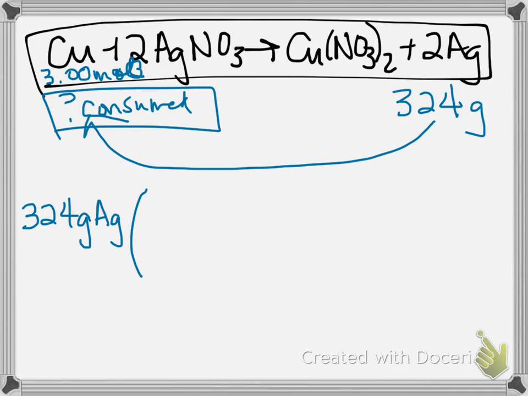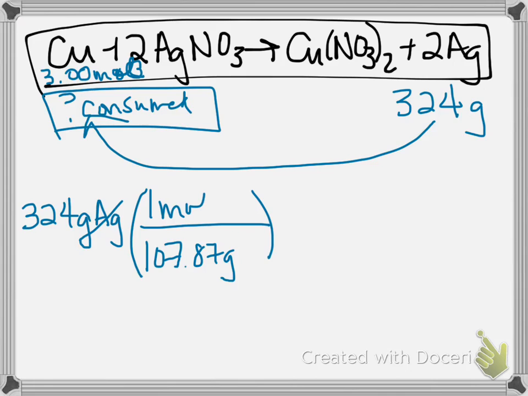We can convert that back. So remember the molar mass of silver, there's 107.87 grams of silver for every 1 mole of silver. So I'm going to convert my grams of silver back into moles of silver, so then I can do my mole to mole conversion.